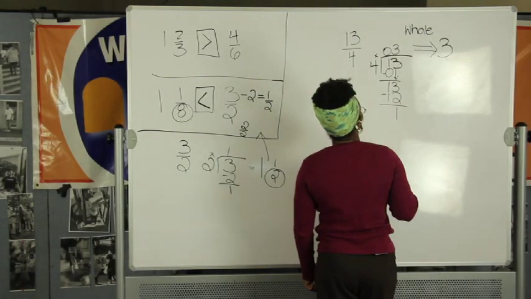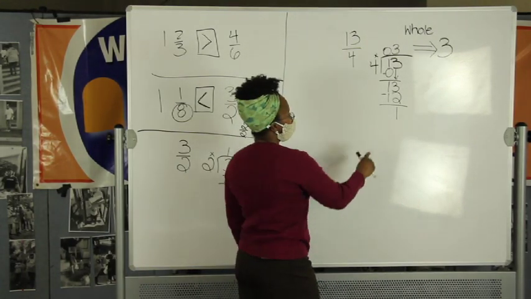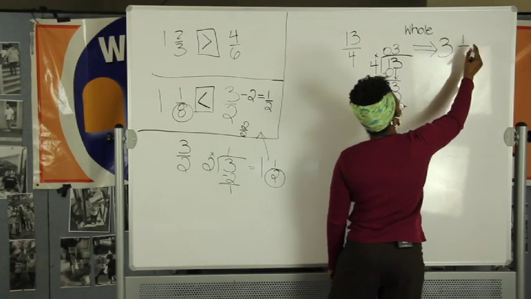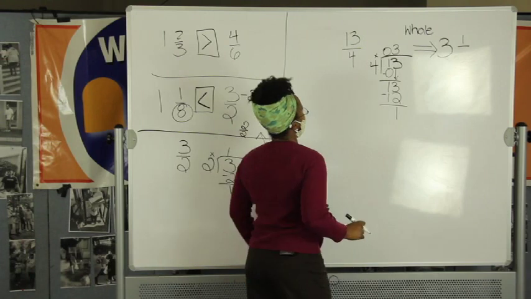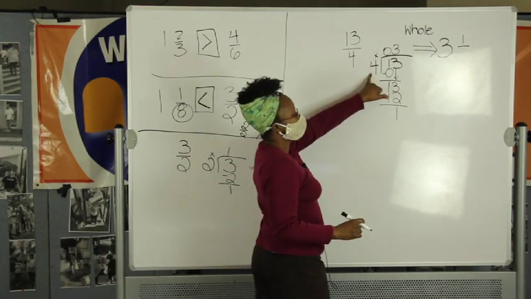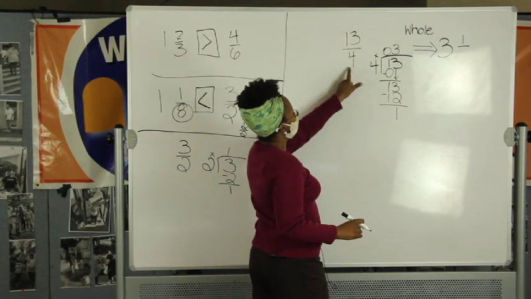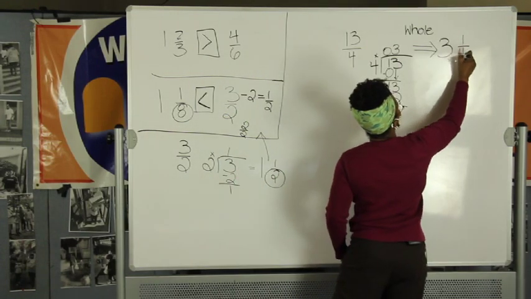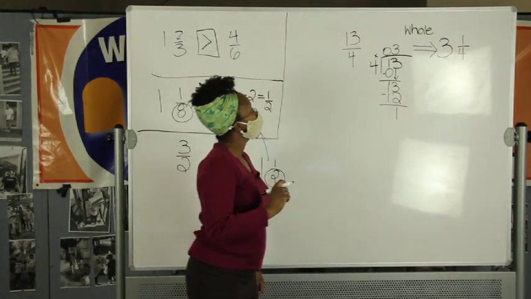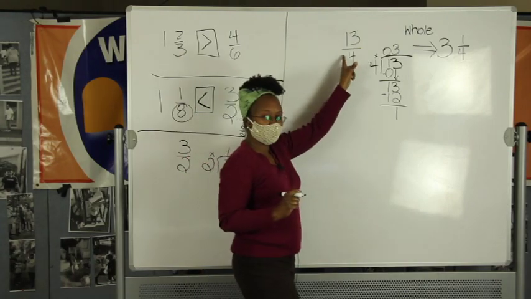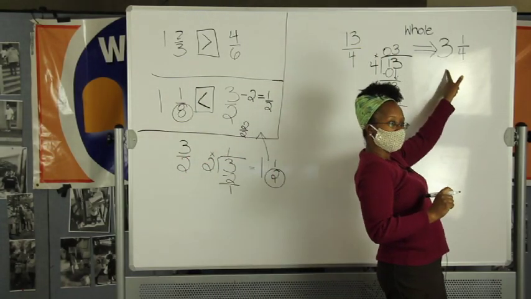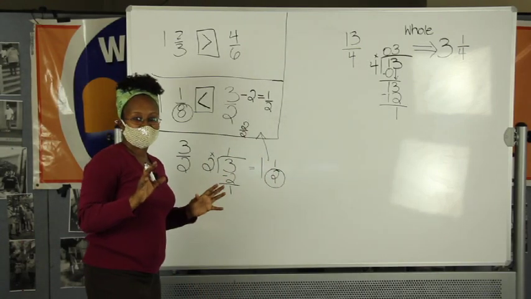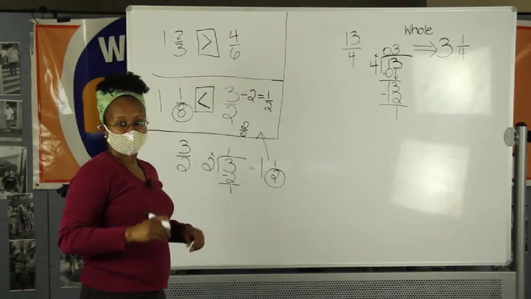And the fraction that's left over is going to be your remainder, 1, because it's not a whole. It would have been up here if it was. And the number that's in the denominator. So now you have made an improper fraction into a mixed number. And now you have to just get really good at that so that you can't be tripped up. Okay?